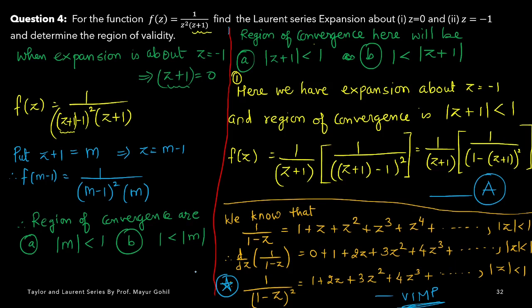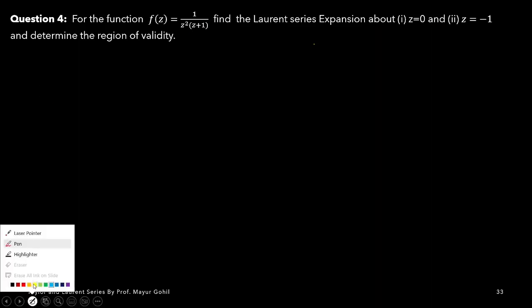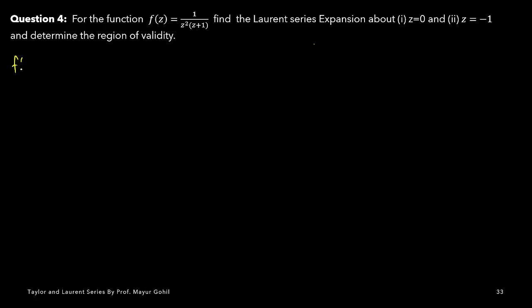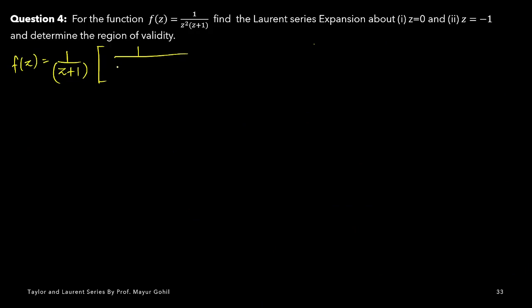Let us do that expansion for part A, the capital A equation that we have written. Here we will have f of z equal to 1 upon z plus 1 as it is, and for part A we had 1 upon 1 minus z plus 1 the whole square.